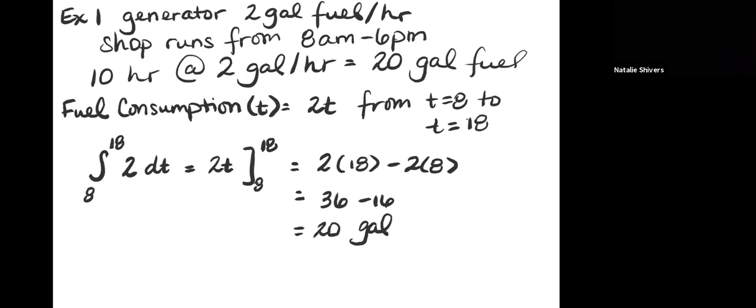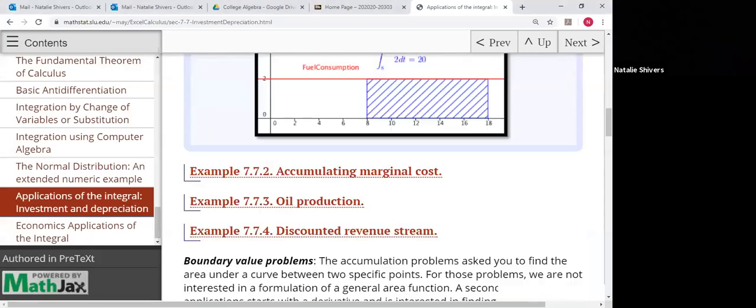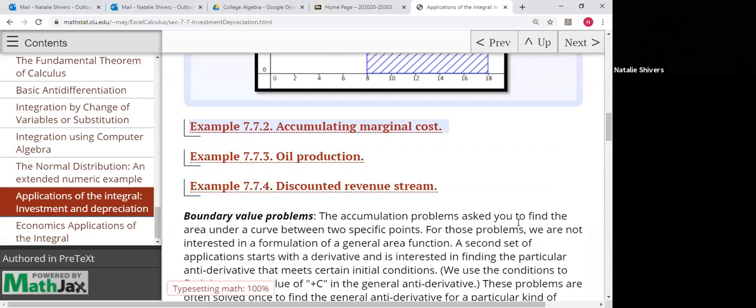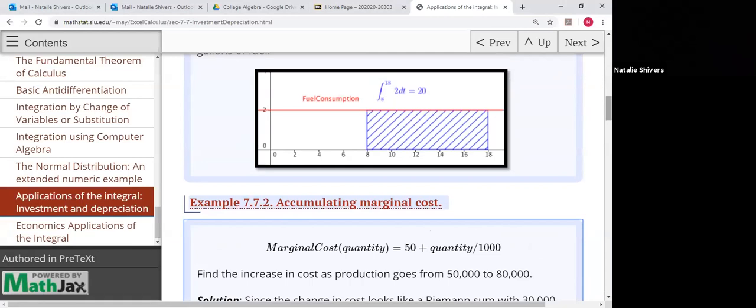Okay, so let's look at the second problem. Let's look at example 2. Okay, you did one similar to this already in one of the other homework sets, I believe.